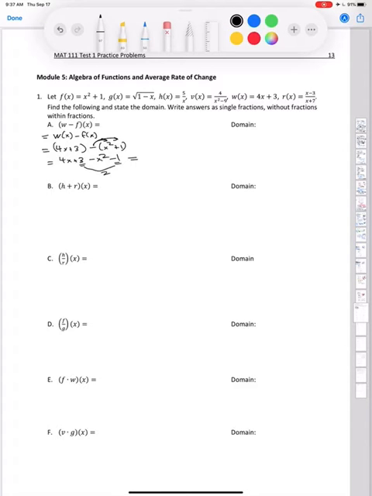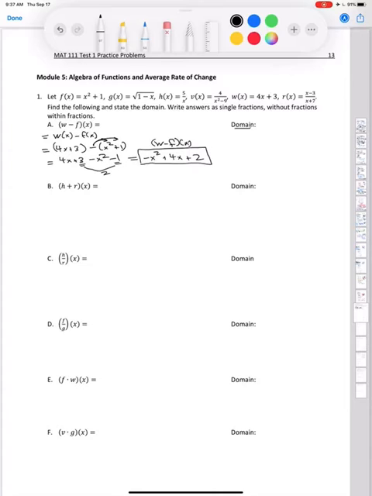So let's go ahead and write it in standard form. We'll put our degree 2 term up front, leading term, minus x squared, plus 4x, and then plus 2. So negative x squared plus 4x plus 2. So what do we come up with? Here's our difference function, right? Here's w minus f of x.